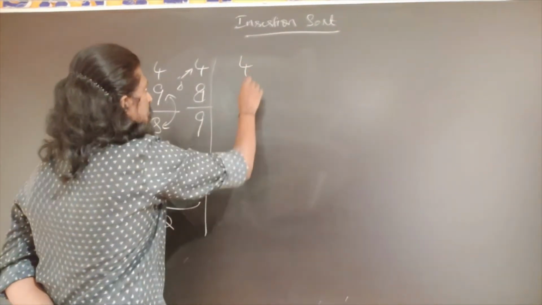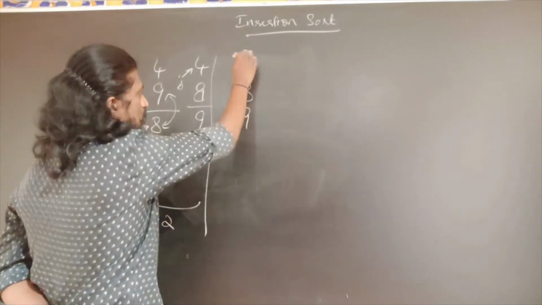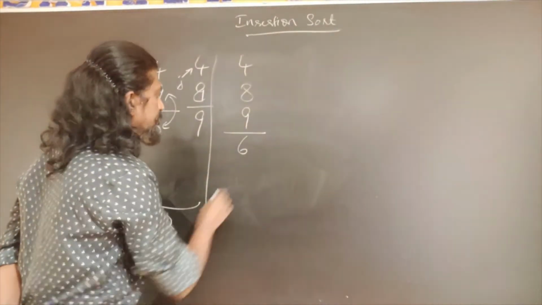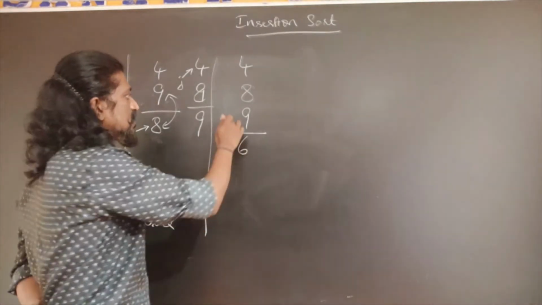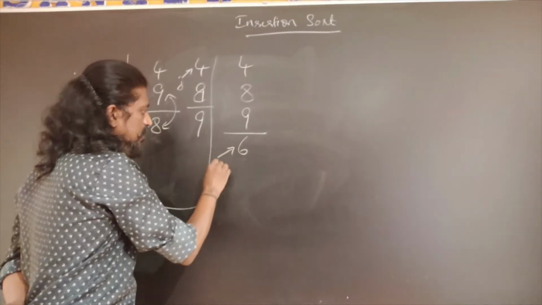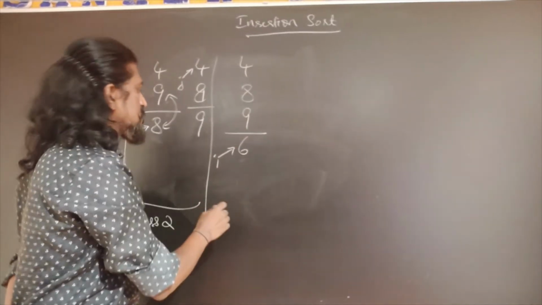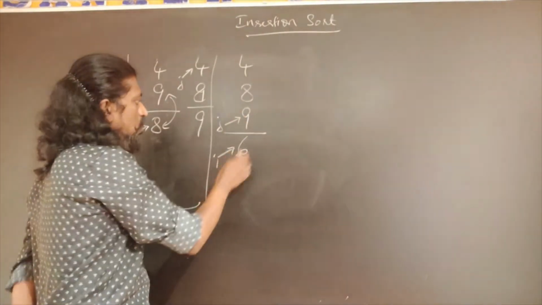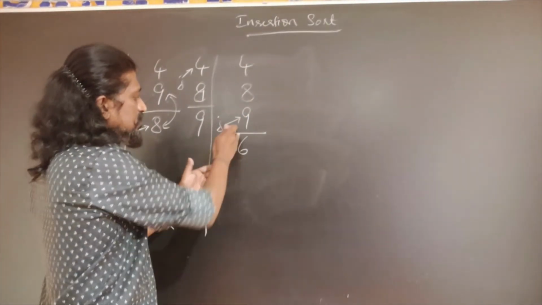And for pass 3, we take these three elements, the subproblem of size 3 which is sorted, and we will take 6, the fourth element that is to be inserted in the sorted subarray of size 3. The I pointer points to the fourth element that needs to be inserted, indicating that it is the third pass, and the j pointer points to the element that needs to be compared with this.